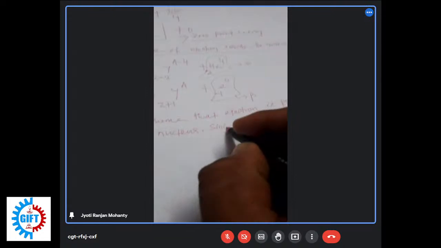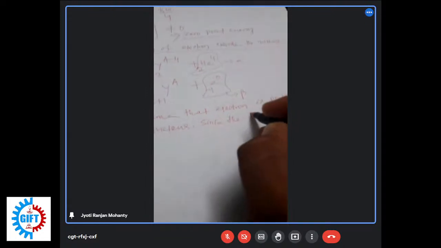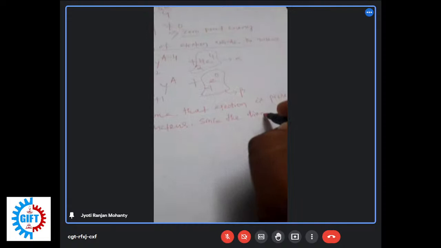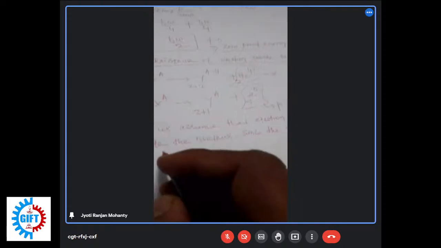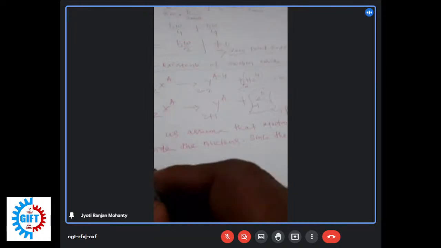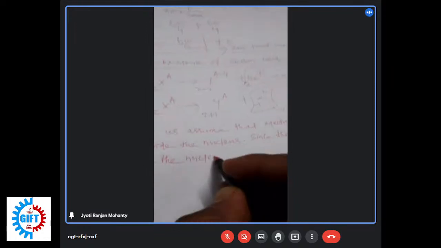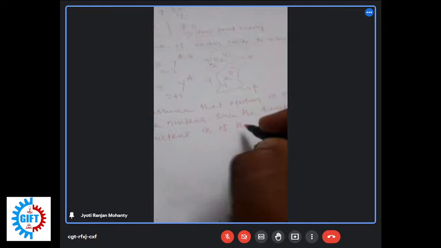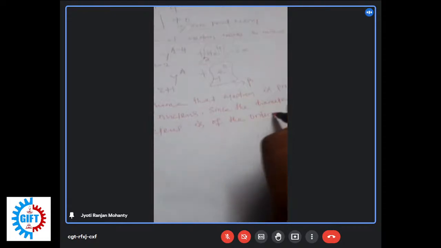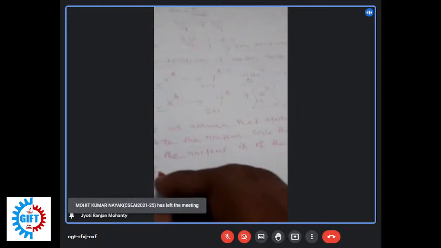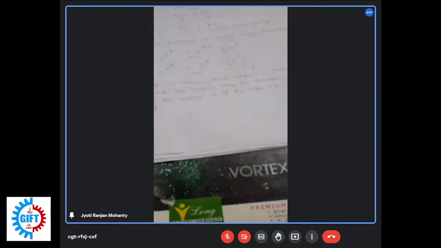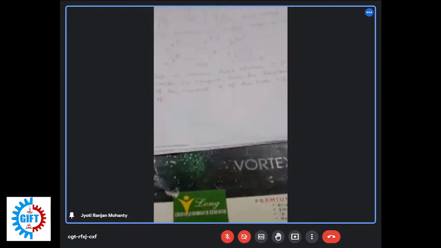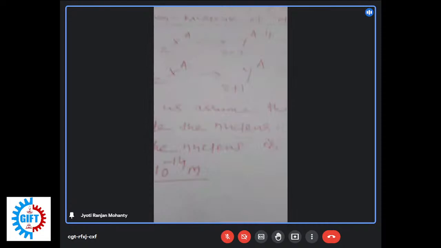Since the diameter of the nucleus is of the order of... always we are acquainted with the electron, proton, so it varies from atom to atom.